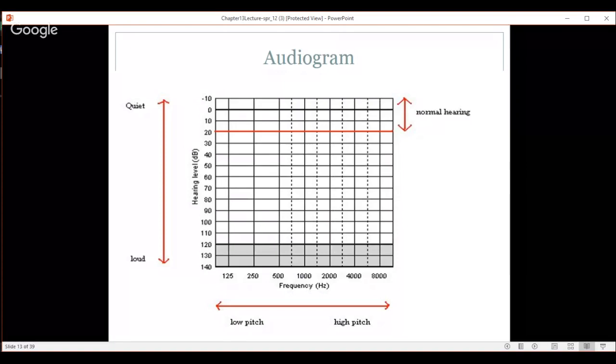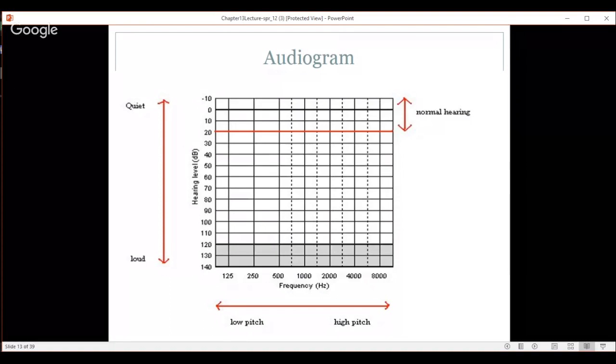Above that 20, you can see where the normal hearing is depicted to the right with the arrows from that -10 to 20. And then you can see to the left going from quiet to loudness. So obviously, as the numbers increase, the loudness increases.